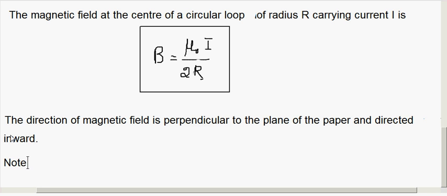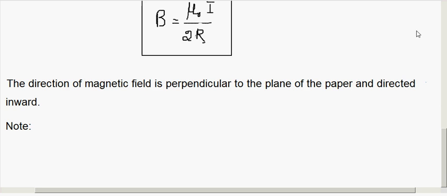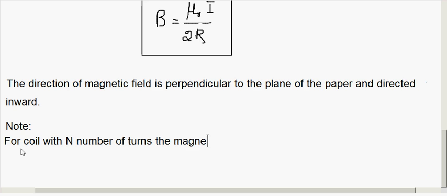Also take a note, for a coil with n number of turns, the magnetic field at the center will become B equal to, you have to multiply the above equation by n.